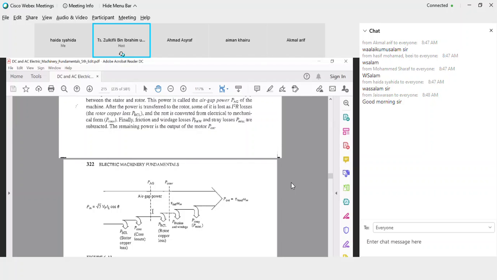So once the air gap power is transferred to the rotor, it has to experience the rotor copper losses. Then after the rotor copper losses, you have your power converted.